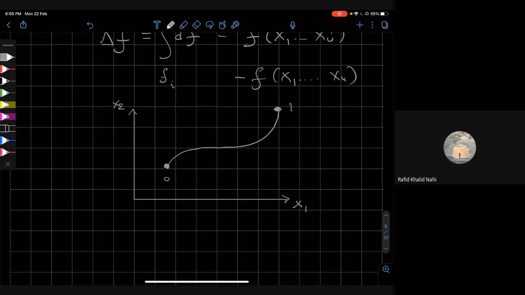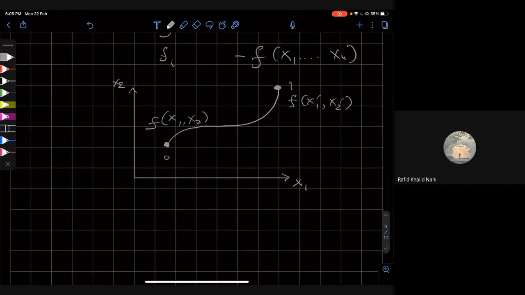So the value of the function here is f of x1, x2, and the value of it here is x1', x2'. So the idea is that the change of a function of state only depends on the endpoints of the state.